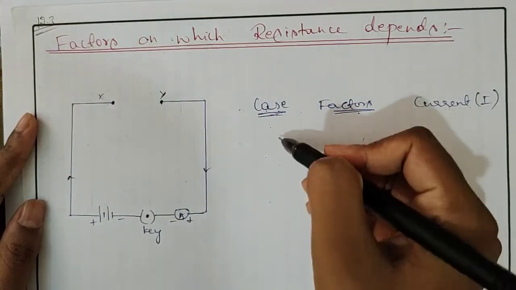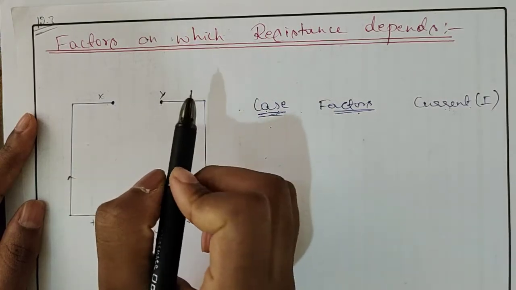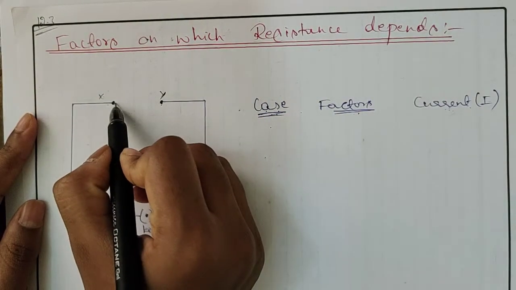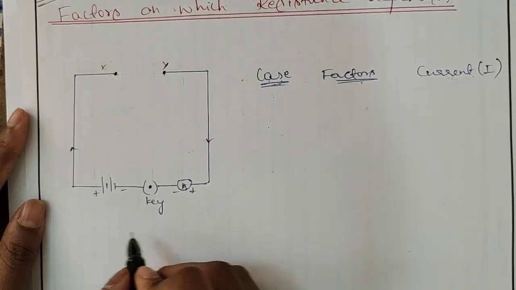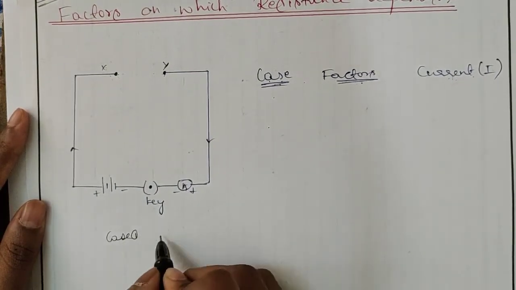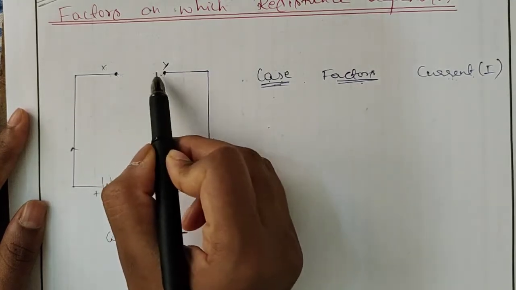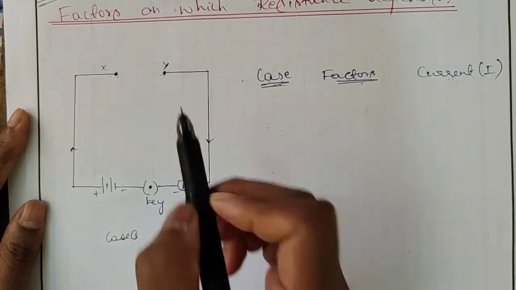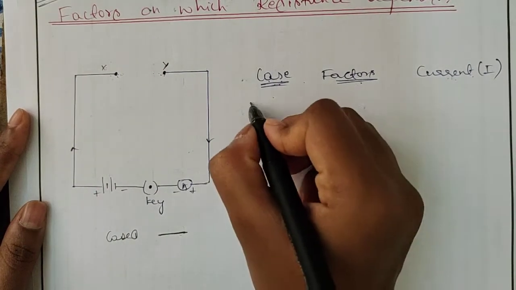Now as I told, we'll be doing maybe some 4 trials. I took that nichrome wire and connected it here. I won't write here, I'll be writing below. In the first case, this is case number 1. I'm taking a wire which I'm connecting between this terminal X and Y, just imagine. So what is my first case? Some length.